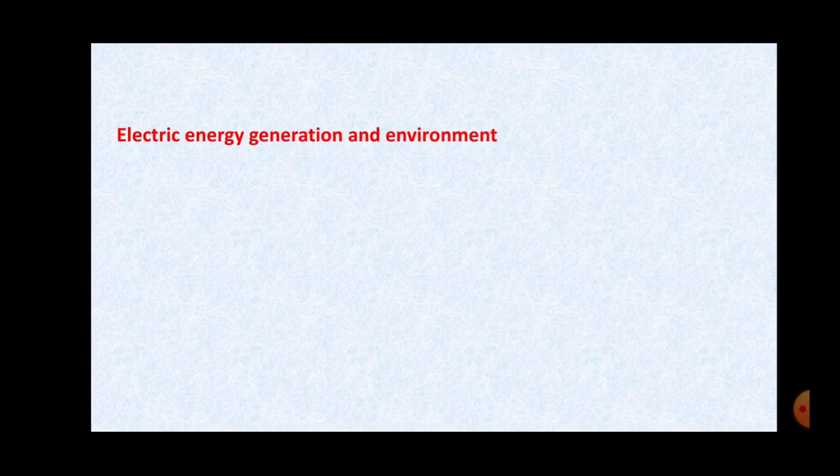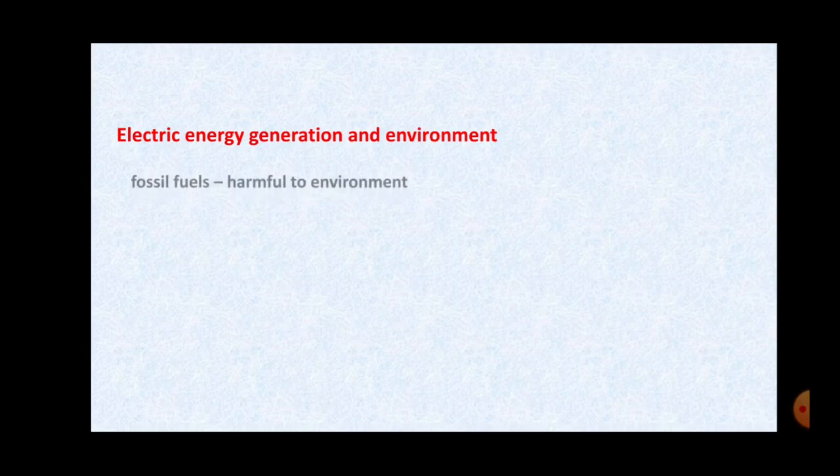Now they are not eco-friendly, they are not environmental friendly. So what does it mean? It means that the electrical energy which we are generating using whether coal, natural gas or nuclear fuels, it leads to the degradation of the environment. It has adverse effect on the environment.